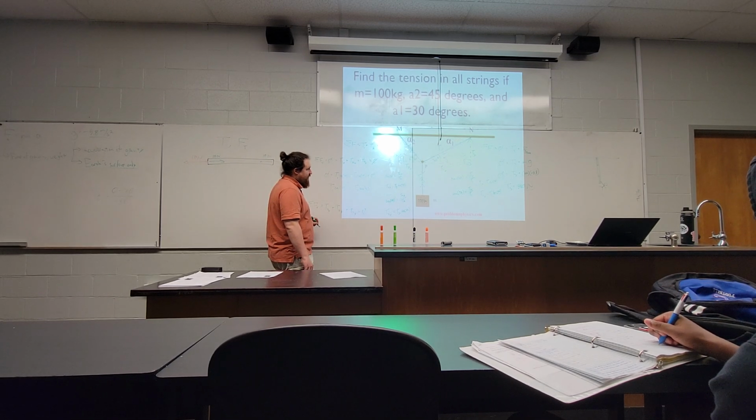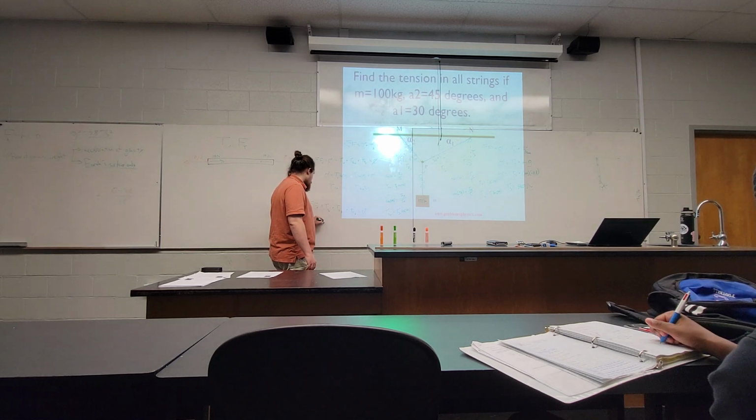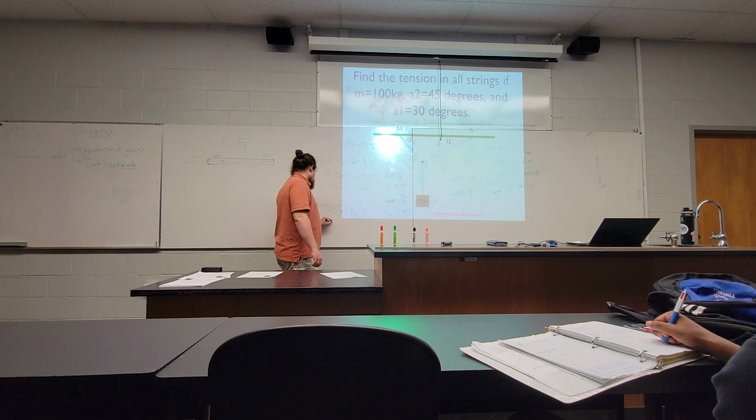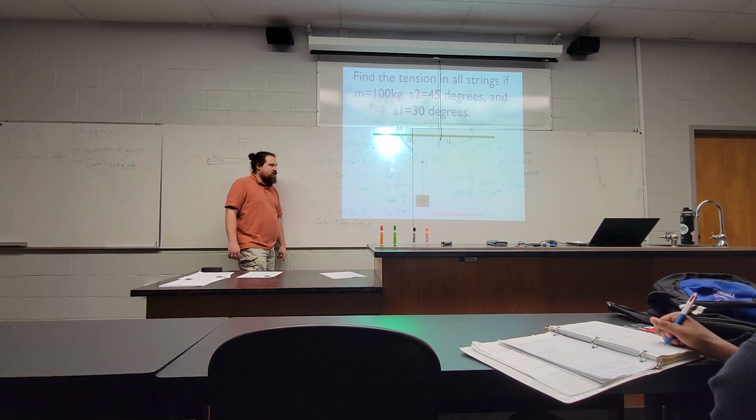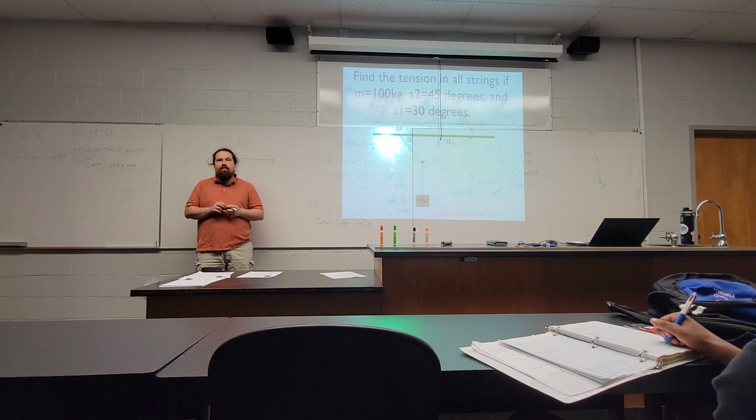T1y is T1 sine of 30. T2y is T2 sine of 45. And T3y is the full 980 of T3, because T3 has no x component, it's just pulling down at that spot.